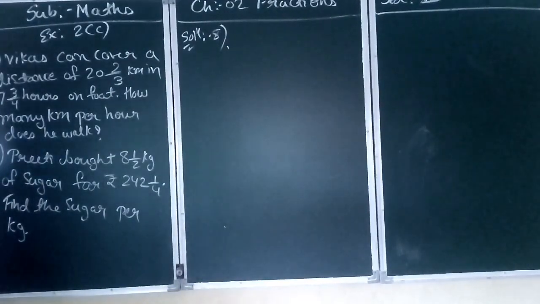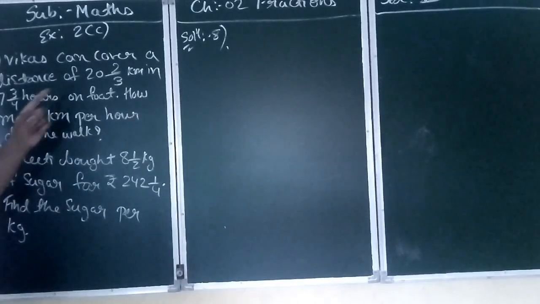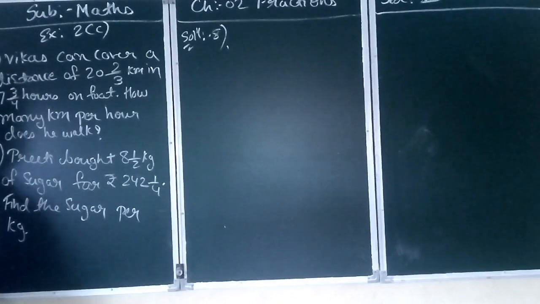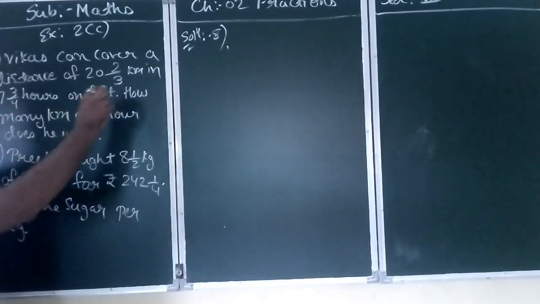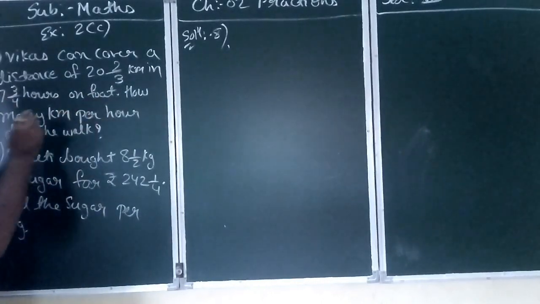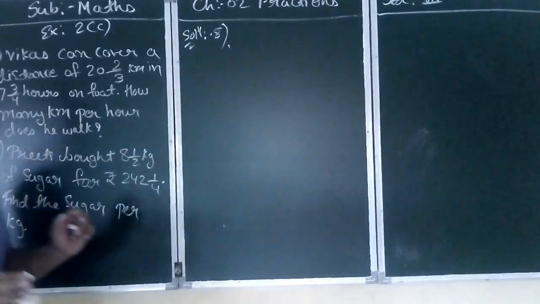Question number 8. Vikas can cover a distance of 22 by 3 kilometer in 7 3 by 4 hours on foot. How many kilometer per hour does he walk? Very simple question.